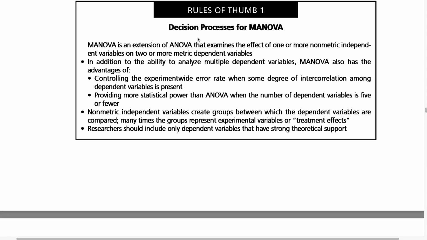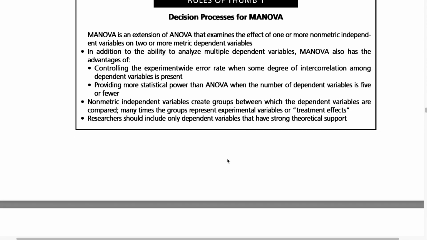Now we will discuss the decision process of MANOVA. MANOVA is an extension of ANOVA that examines the effect of one or more non-metric independent variables on two or more metric dependent variables. In addition to the ability to analyze multiple dependent variables, MANOVA also has the advantage of controlling the experiment-wise error rate when some degree of intercorrelation among the dependent variables is present, providing more statistical power.